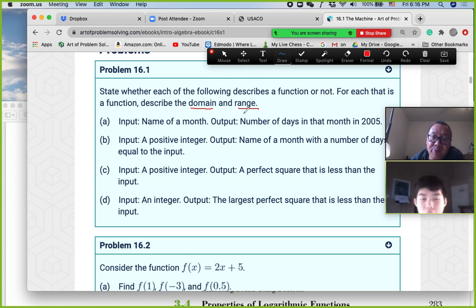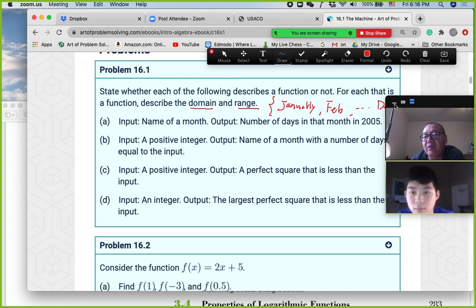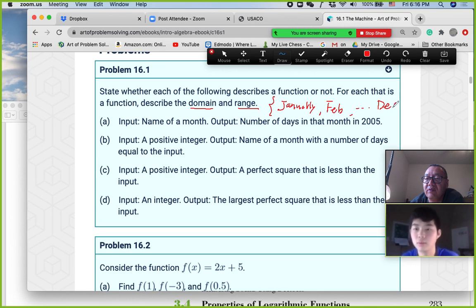You need to write down January, then February, then blah blah to December. You need to write it like this. This is the domain.